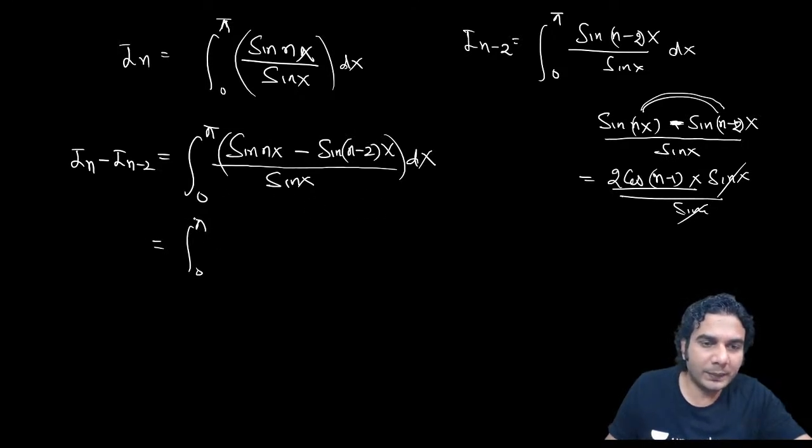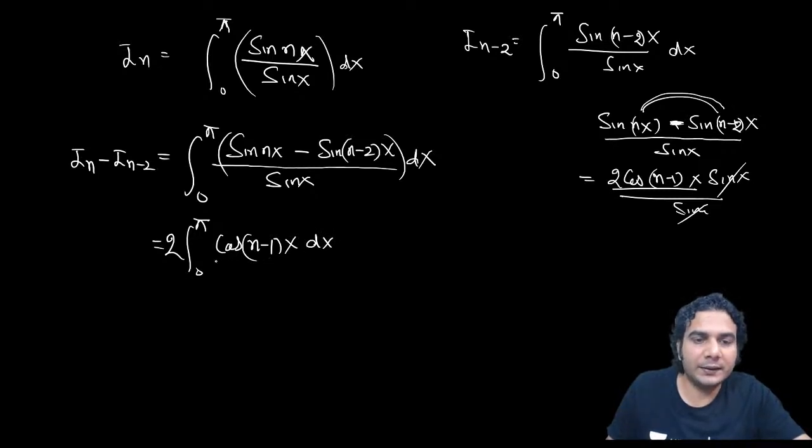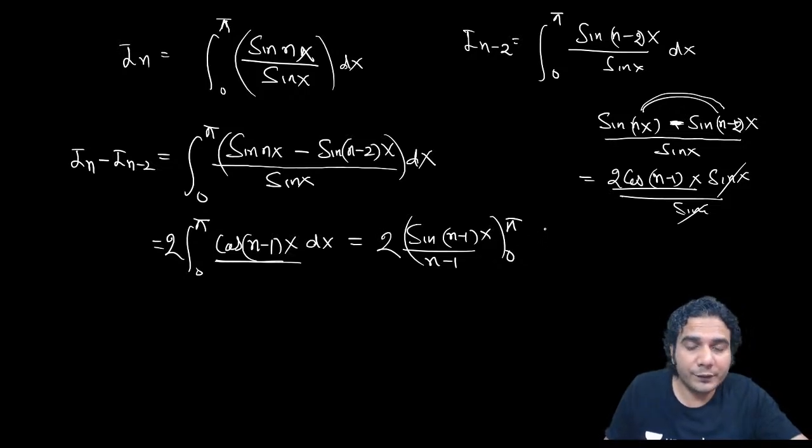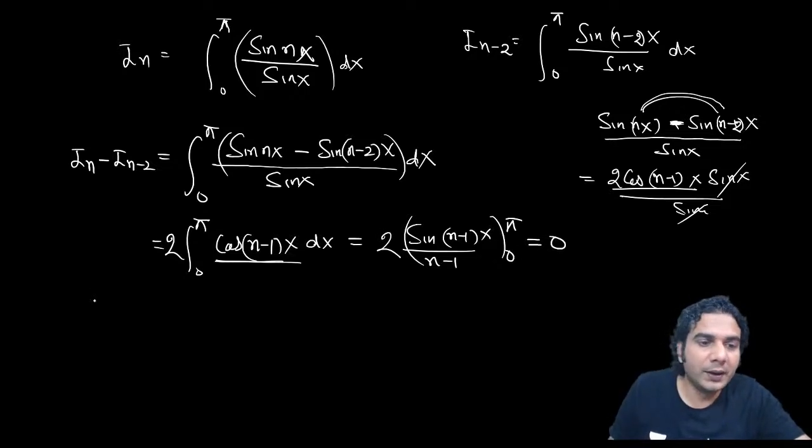So you are going to get integral 0 to pi of 2 cos((n-1)x) dx. Integrate it: it is going to come out to be 0, because the integral is sin((n-1)x) divided by (n-1), times 2, from 0 to pi. If you put pi, it is 0. If you put 0, then it is also 0. So 0. That means your answer is very simple in this case: I_n is equal to I_{n-2}.